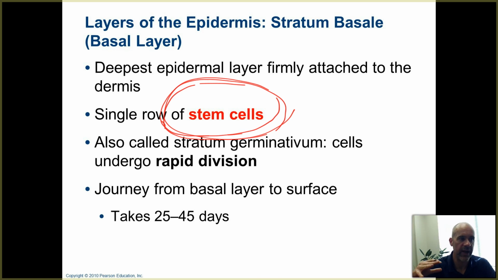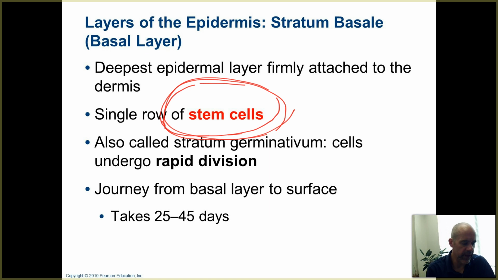Stem cells are cells that have not specialized into any particular cell type yet, so they have the potential to develop into other types of cells. As those cells down in the stratum basale divide and begin to move upward into the stratum spinosum, they do specialize. They take on this special function of cranking out lots and lots of keratin to help form the barrier up at the surface when they eventually die and make their way up there.